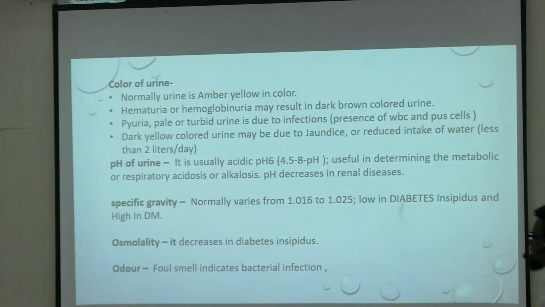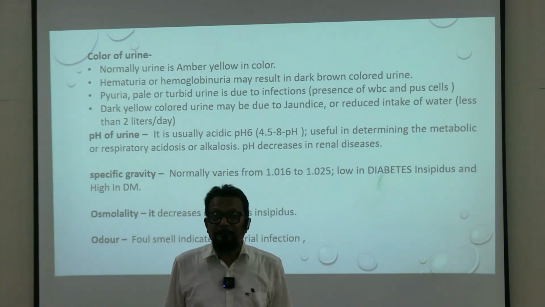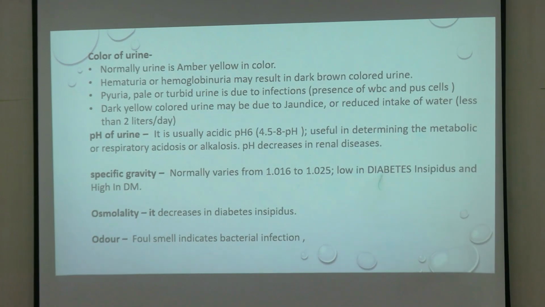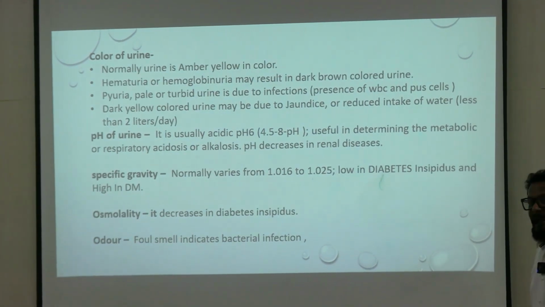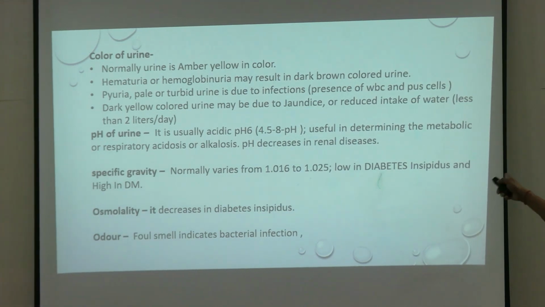When the urine is dark yellow, that means the patient is suffering from jaundice. In the case of pyuria, the urine is pale or turbid, maybe because of infection.